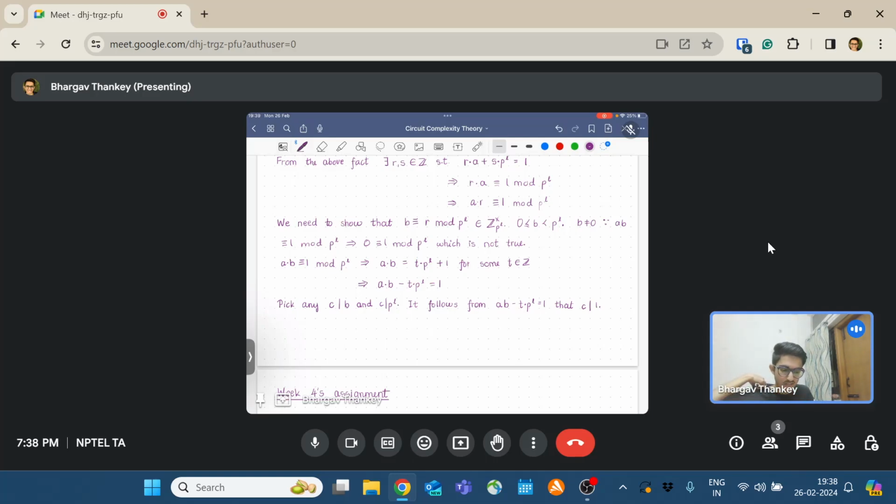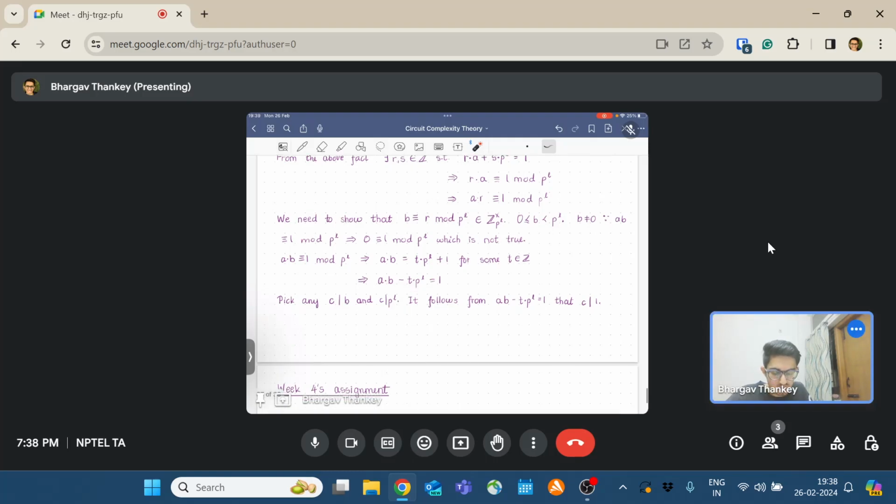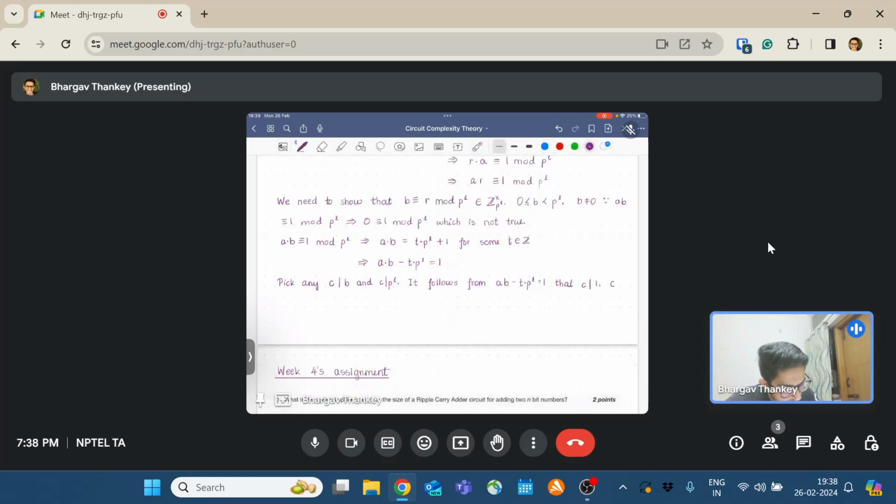Right, so is this fine? Because C divides this and this term, C divides their sum. So C divides 1, right? We also know that C is going to be greater than or equal to 0. Pick any C greater than or equal to 0 because we are looking for GCDs, right? It doesn't make sense to use negative terms.